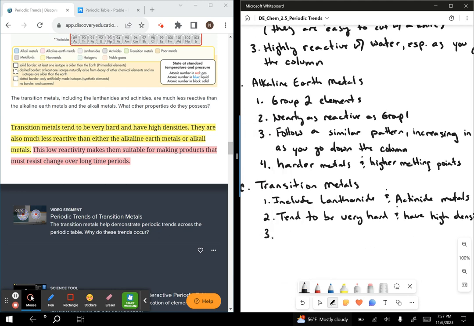Number 3. They are less reactive than your group 1 and group 2 elements. This makes them suitable for many applications.